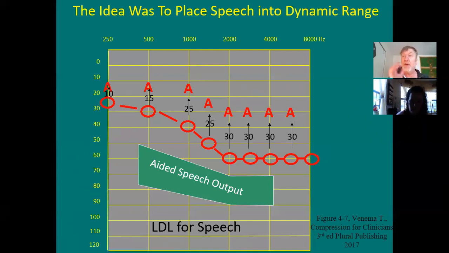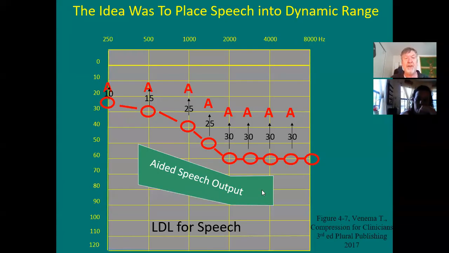And then, of course, for a whisper, that gain won't be enough, so the person will crank it up. And for a yell, that gain will be too much, so the person will turn it down. And that's how you could detect linear hearing aid wearers. They always had their fingers on the volume control. They were always adjusting the volume. You'll notice today, with RIC hearing aids, receiver in canal hearing aids, you don't even see a volume control. And the volume control is gone because the hearing aids are using compression.